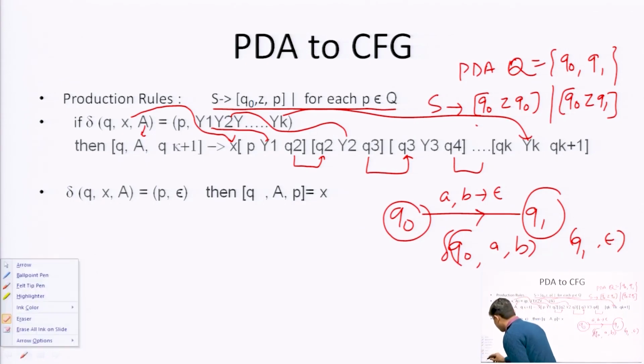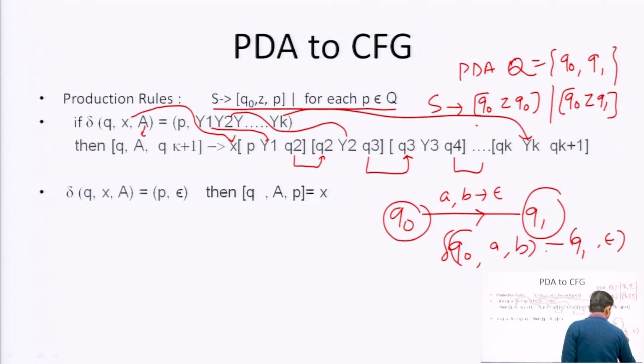For this transition, what would be the production? Production will be [Q0, B, Q1] derives A.